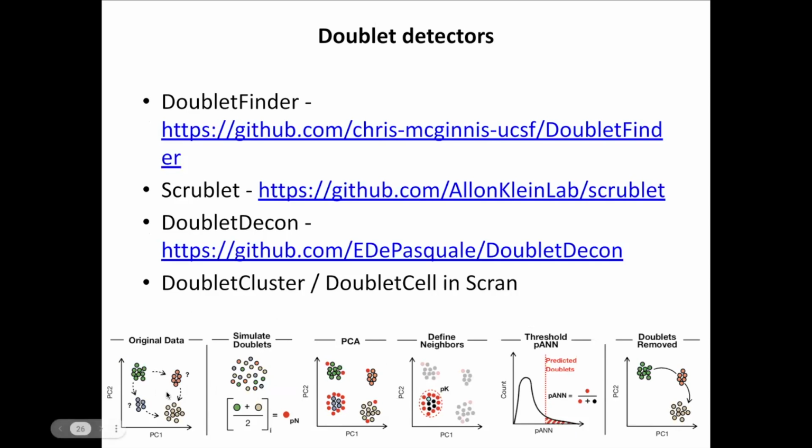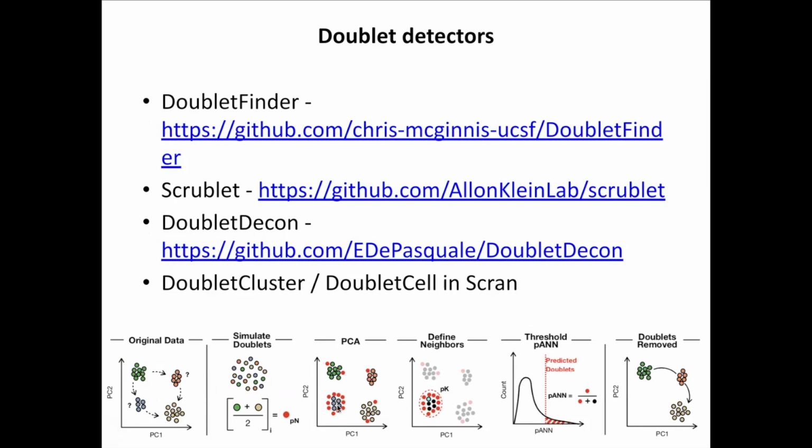So we have many methods. These are some of the main ones, but their idea is more or less the same. We have our data. We make simulated doublets by randomly taking pairs of cells, adding up all the counts for them, putting that back into the data, rerunning PCA.